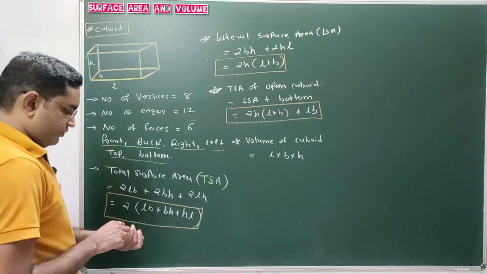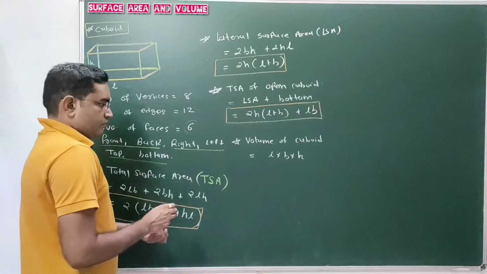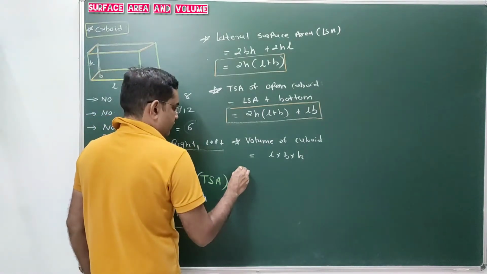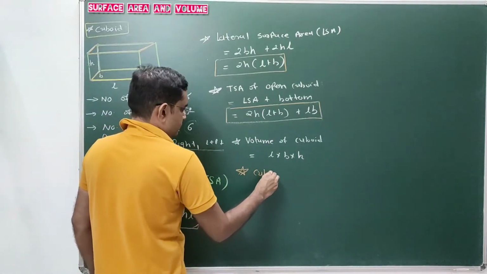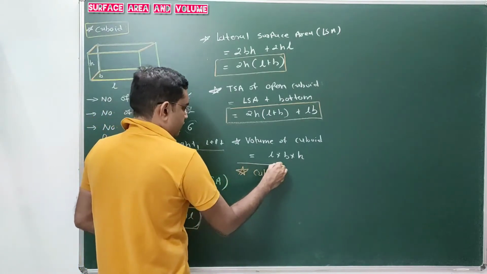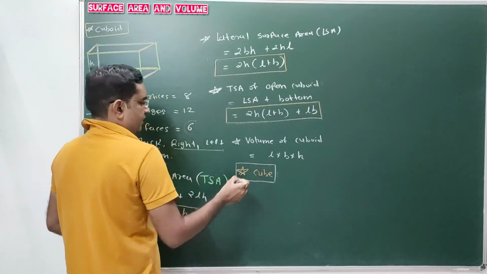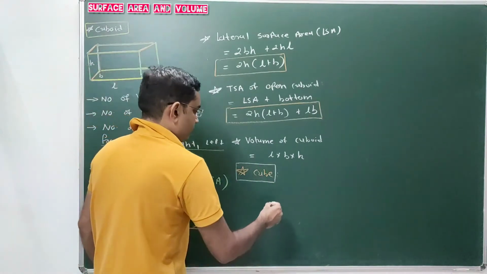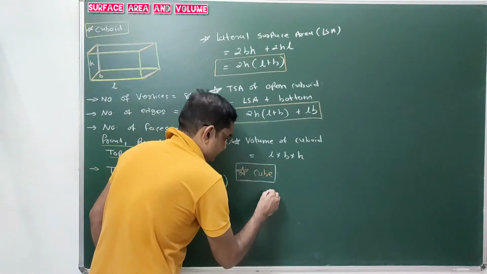Similar to cuboid, we have another solid, that is cube. So what is cube? Cube is nothing but the cuboid with all edges equal. Length of all edges are equal, so that is cube.